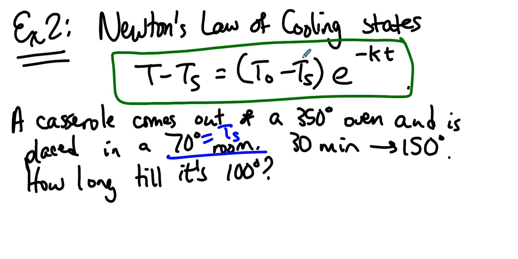It'll never go below the temperature of the room. And this is the difference originally between the temperature of the casserole and the temperature of the room. So this is the initial, this is the capital A, so to speak.